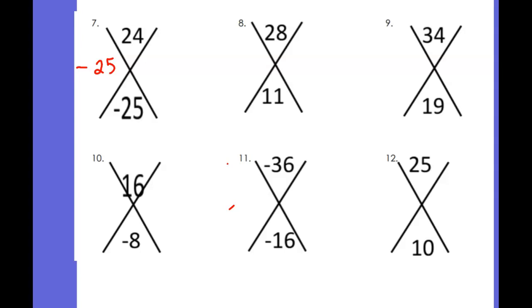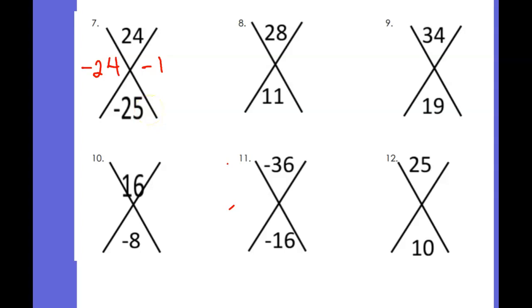I think there's a mistake in the key. So for this one, to multiply to get 24, you're going to have 24 and 1, but they're both going to be negative. So you get negative 24 and negative 1, and that would multiply to get positive 24 and add up to negative 25.